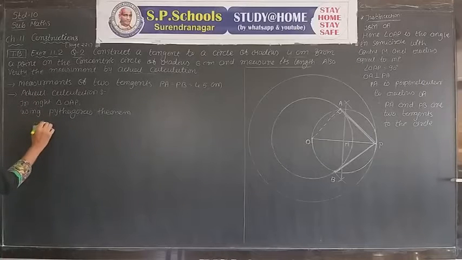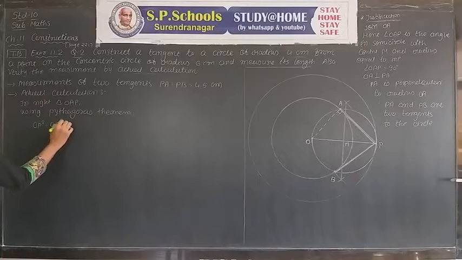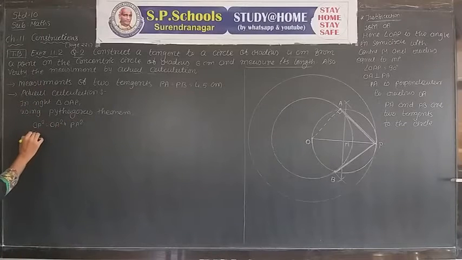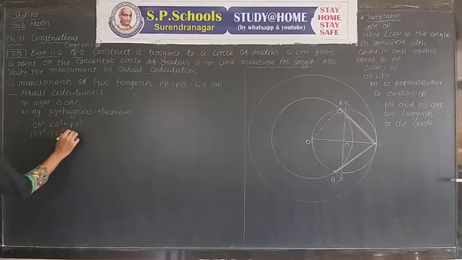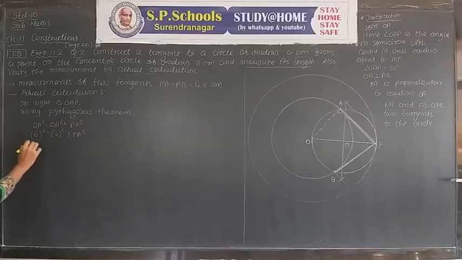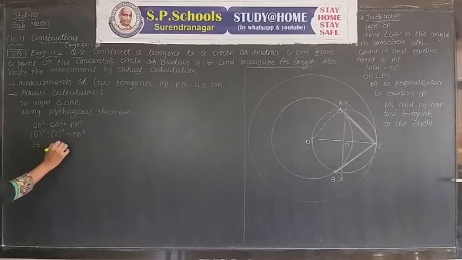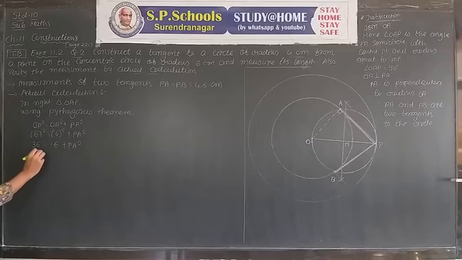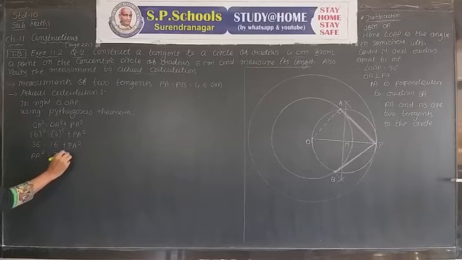Square of OP is equal to OA square plus PA square, where OP is equal to 6, and OA is equal to the radius 4. So 36 is equal to 16 plus PA square. Therefore, PA square is equal to 36 minus 16. PA square is equal to 20.